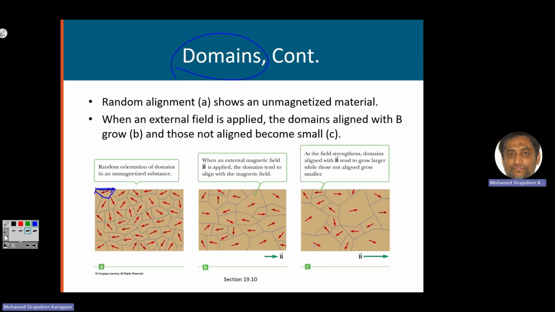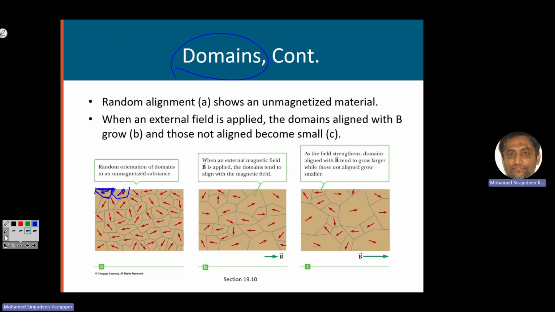In this domain, all the atoms have their spin aligned, say, in this direction. The adjacent domain will have another direction, so it will all be random. There will be domains, not just single atoms. There will be lots of atoms in that domain with the same spin alignment. But we will have so many other domains.